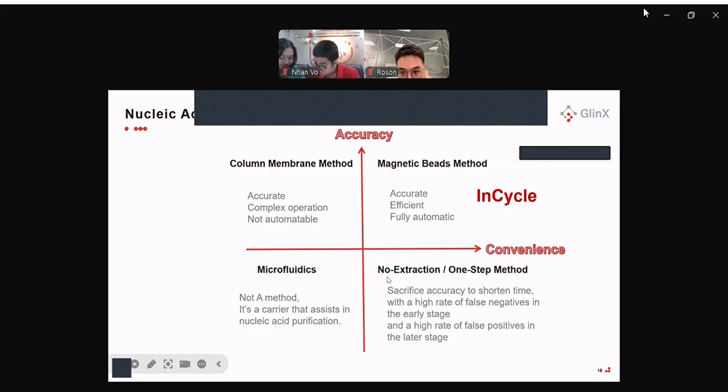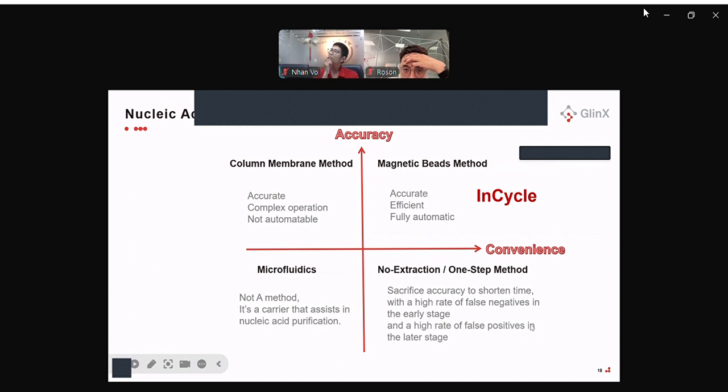And comes the no-extraction or one-step method, because they sacrifice the accuracy to shorten the detection time, with a high rate of false negative results in the early stage and a high rate of false positive results in the later stage. This represents the machines might have already been contaminated.